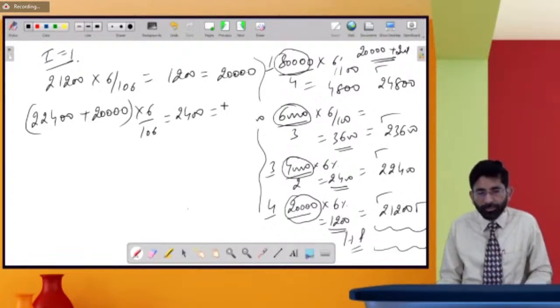So again, we are able to get the CP price, that is 40,000.